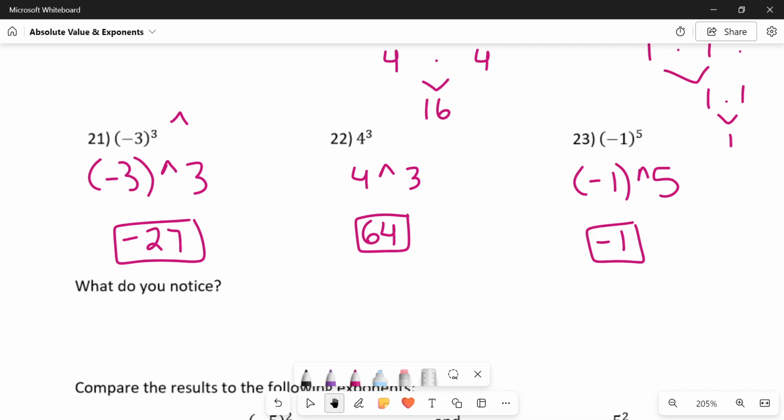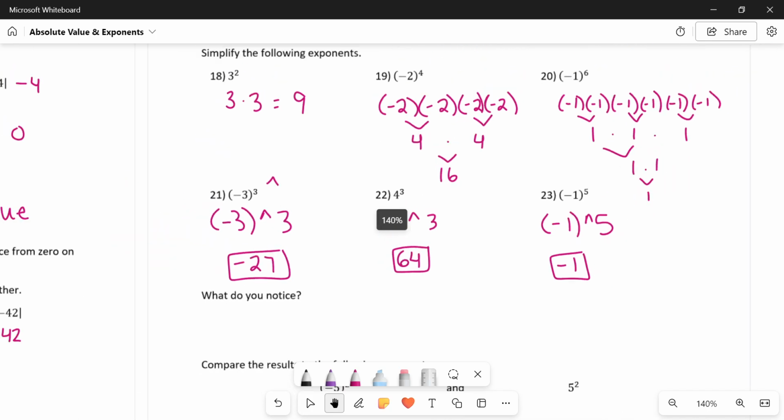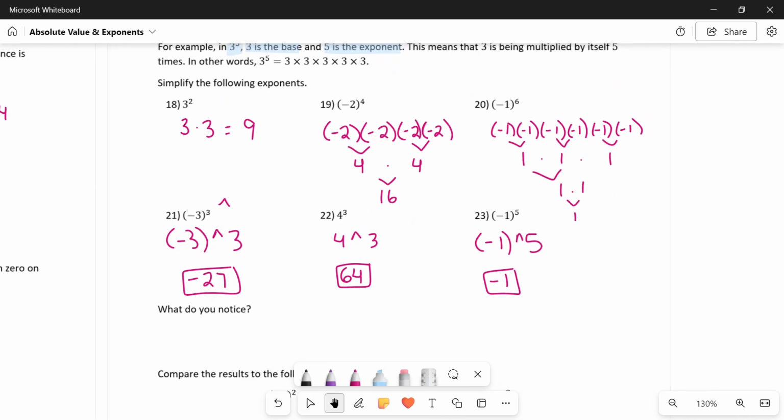Okay, so if you take a look at these examples, more specifically, when I'm asking what do you notice, I'm talking about when we raise a negative number to a power. So I'm talking about these examples. When the exponent is odd, an odd number, the result is negative.